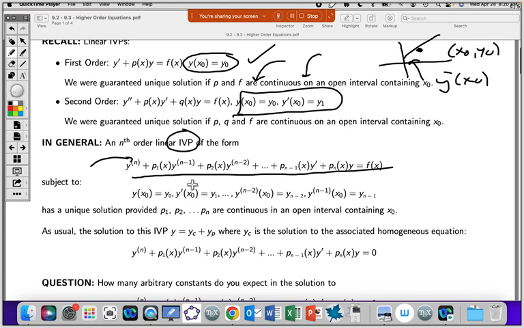So if you have an nth order diffeq, then you have n constants defined, so you need n conditions. So we tell you what's going on at the function level up through the n minus first derivative. And to be an initial value problem, you're looking at the same point. Okay? So you know the initial position on the function, you know the initial slope, you know the initial concavity, all that good stuff. Okay?